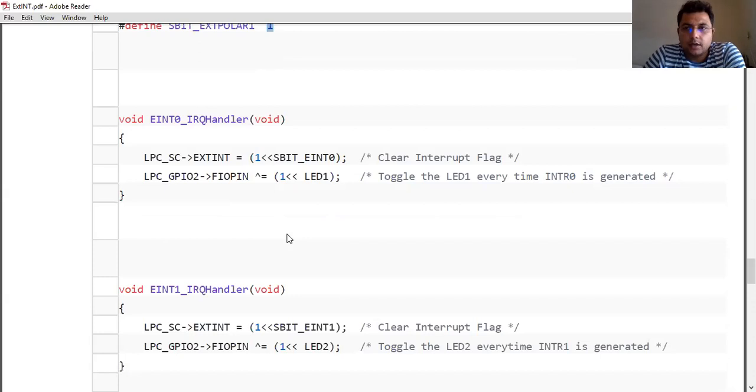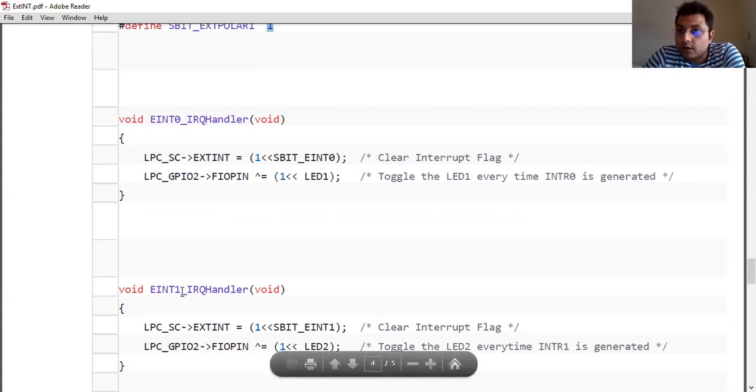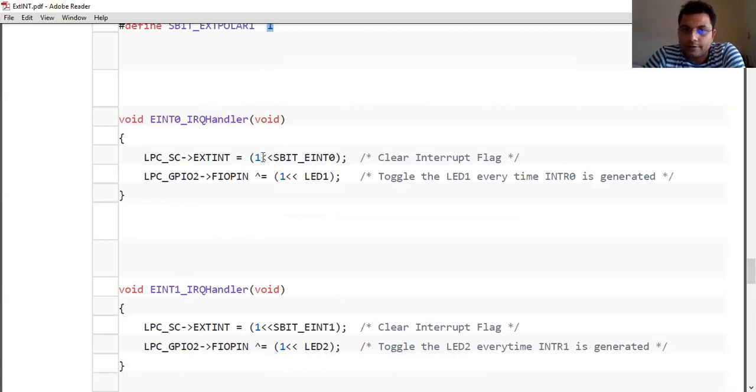So here is our interrupt handler, and we have to follow the naming convention: interrupt 0, likewise interrupt 1, IRQ handler. What exactly are we doing? As and when the system receives an interrupt, it sends it to the interrupt service routine.